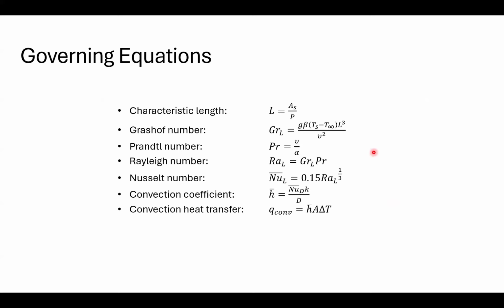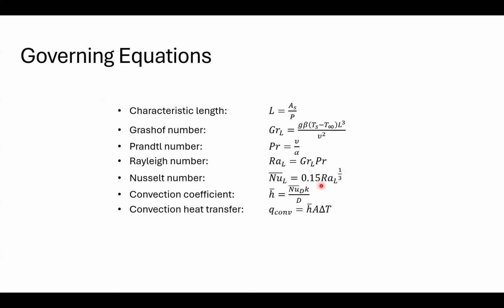So for our governing equations, we have the characteristic length for this specific scenario given by the surface area of the cylinder divided by its perimeter. We also have the Grashof number, the Prandtl number, and ultimately these two dimensionless numbers will be used to calculate the Rayleigh number. And then the Rayleigh number will be used to calculate the Nusselt number.